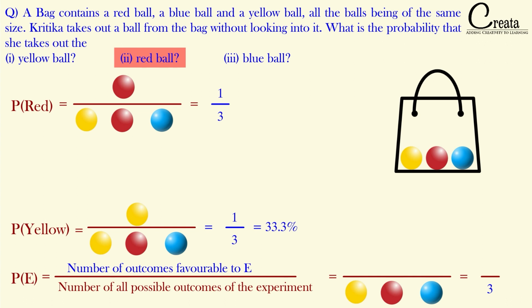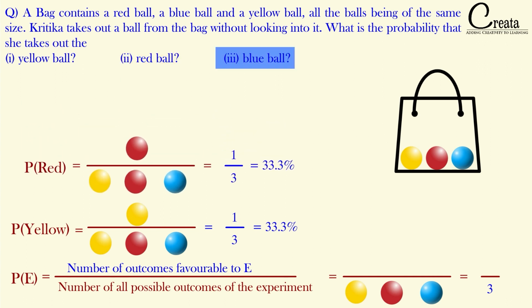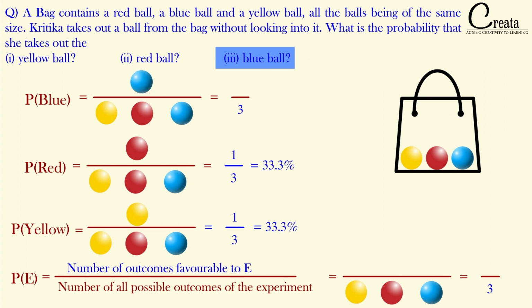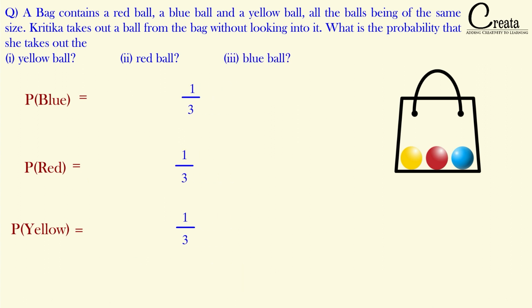So again our answer is 1 by 3, that is 33.3%. Similarly, in the third case, that is blue ball, the denominator will remain the same. Only the numerator will change. That is, now we will have the blue ball in the numerator. That is again 1 by 3. So our answer is 33.3% for all the 3 cases. Got it? So we got the answer.